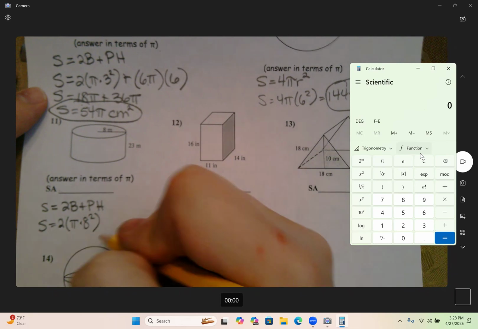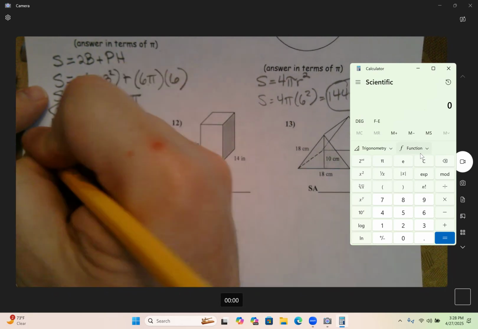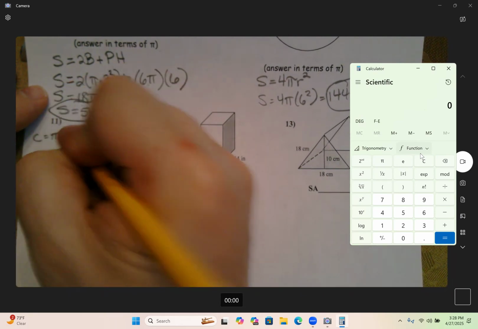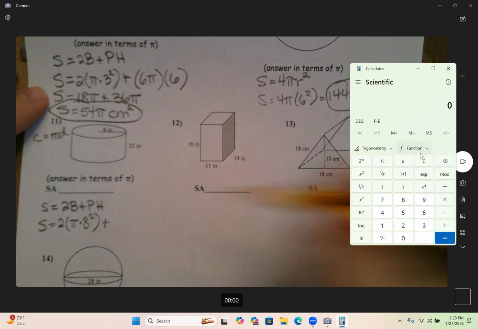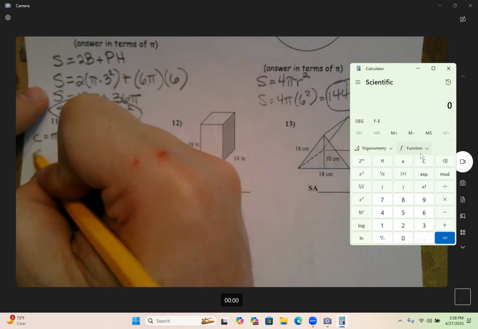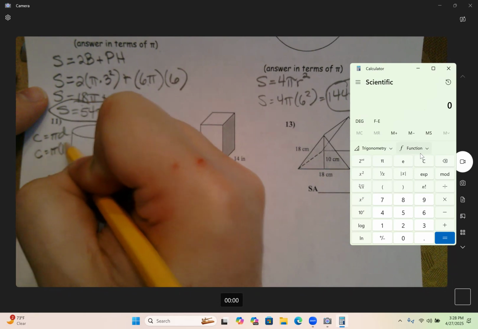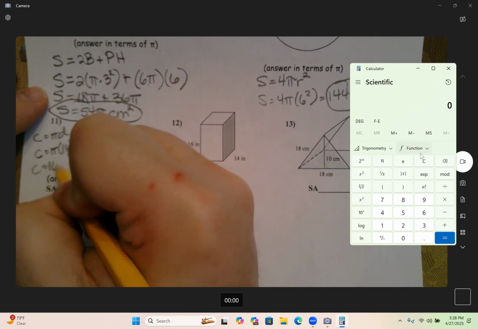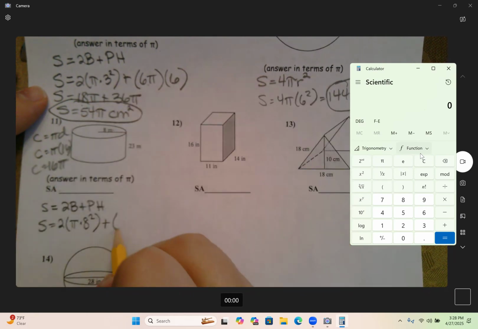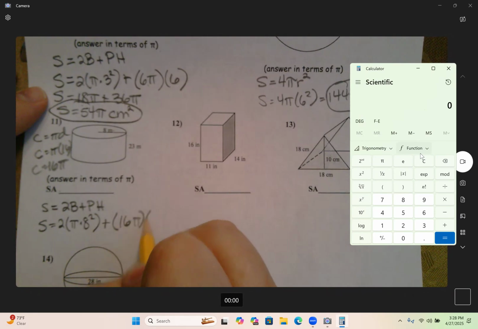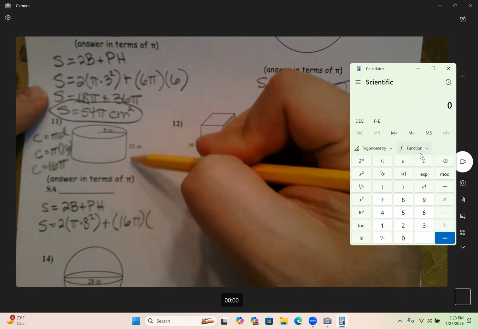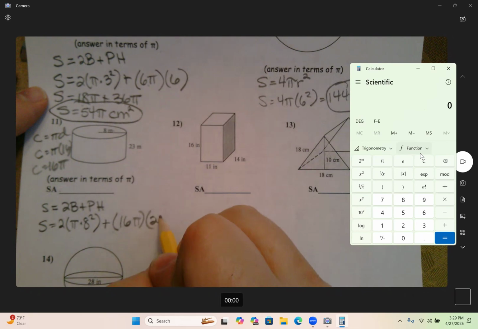All right. Plus perimeter of the base. Remember, that's like circumference. Circumference is pi times diameter. Our diameter, if the radius is 8, the diameter is 16. So the circumference is 16 pi. So that's the perimeter of the circular base. And then the height is the distance between the two circular bases, 23.